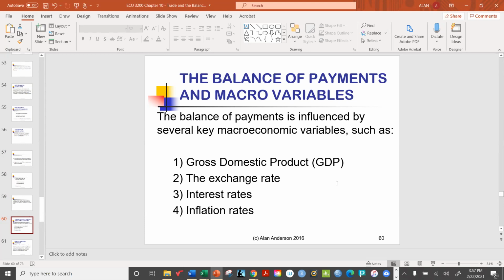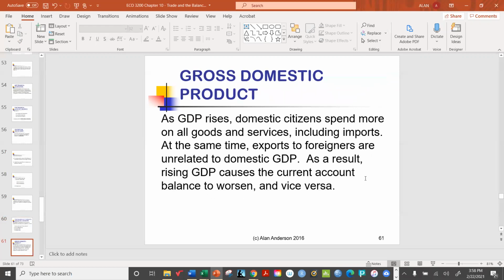All right, so for example, what about GDP? What would happen if GDP grows? That's good news for the economy, but guess what? That has a tendency to worsen our trade balance and our current account balance. Why would that be? All right, let's find out. Well, as GDP rises, domestic citizens spend more on all goods and services, including imports.